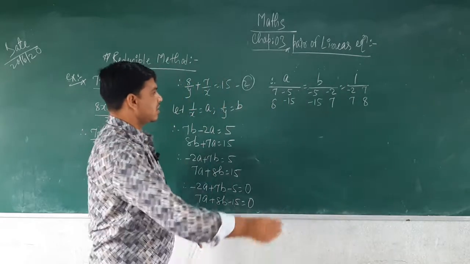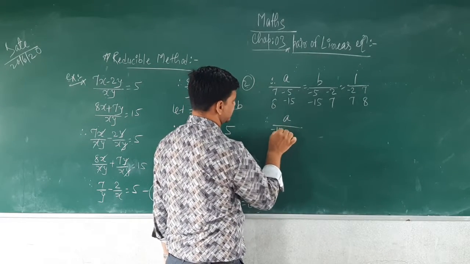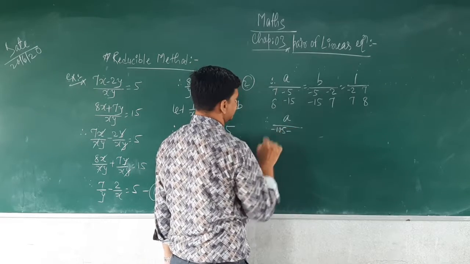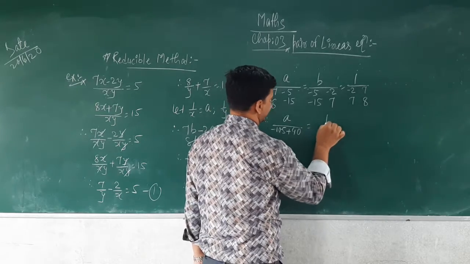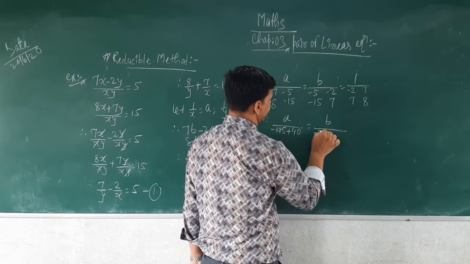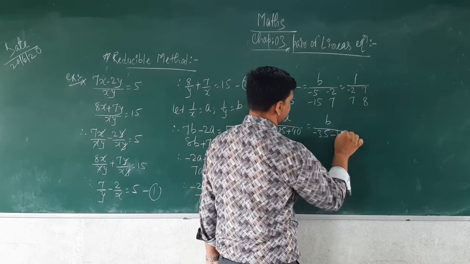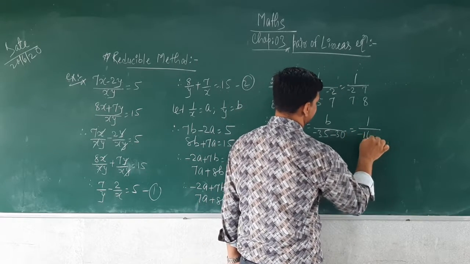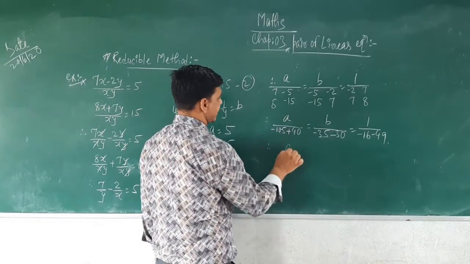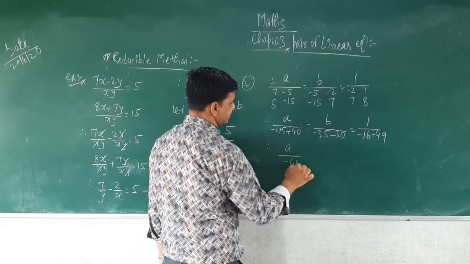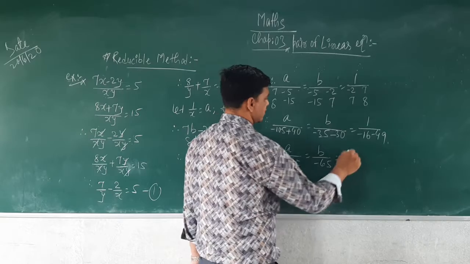Now making the cross multiplication: a upon, minus 15 sevens are 105, minus sign, 8 fives are 40, so it becomes plus 40, that is minus 65. For b, minus 5 sevens are minus 35, plus 15 twos are 30, that is minus 65. And 1 upon minus 16 minus 49, that is minus 65.